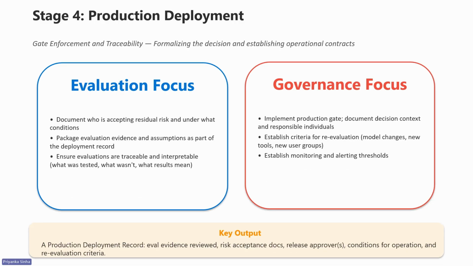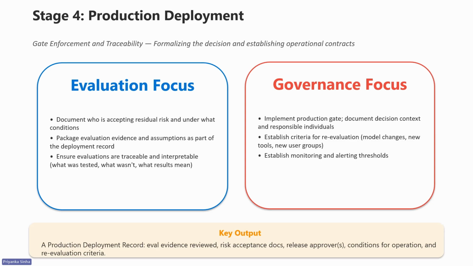Now with stage four, this spans the transition from prepare to operate and focuses on formalizing the deployment decision. This is about gate enforcement and traceability, making the decision official, and establishing operational contracts.